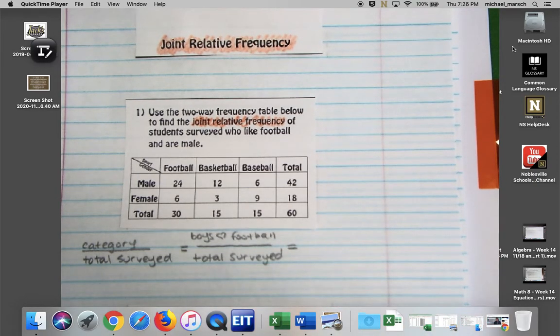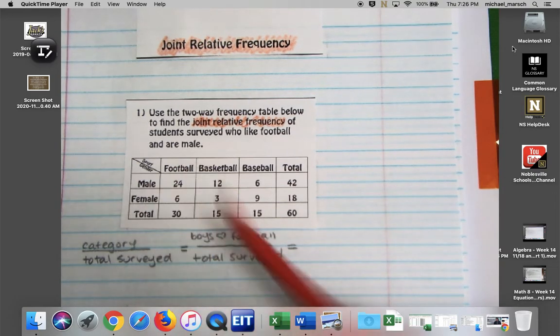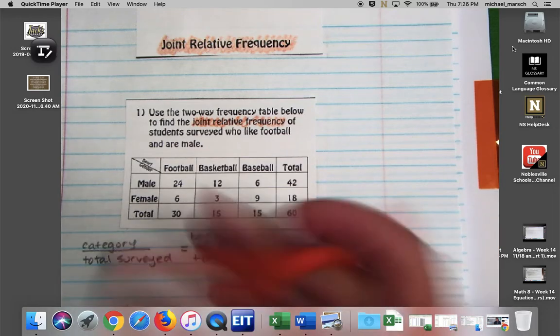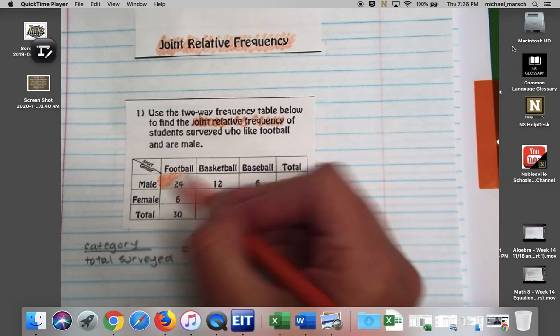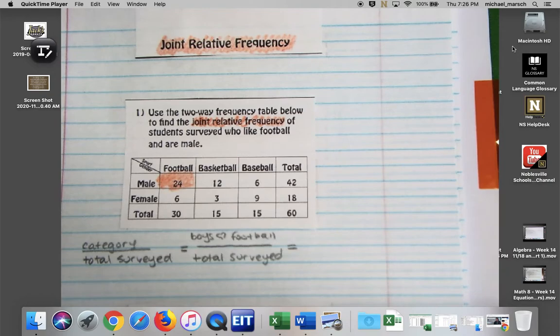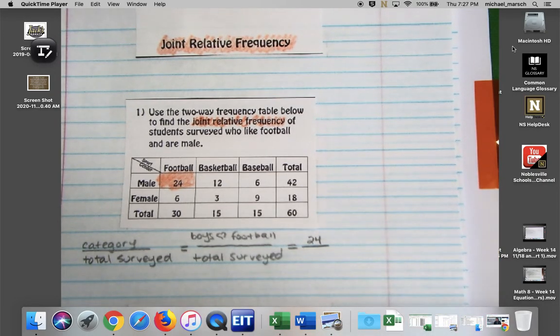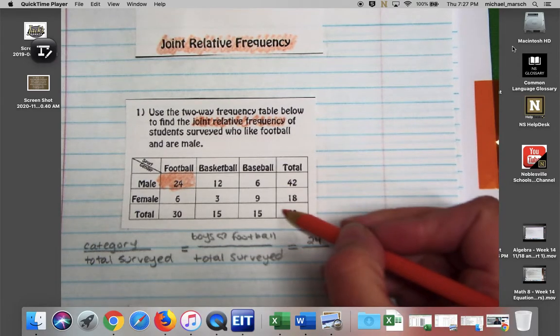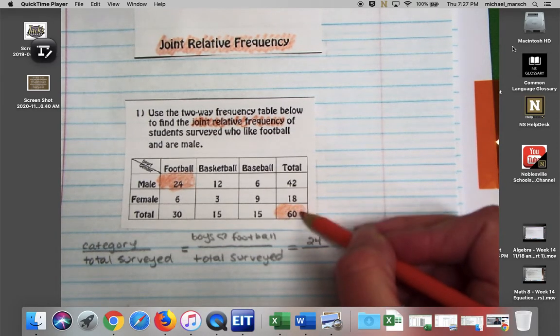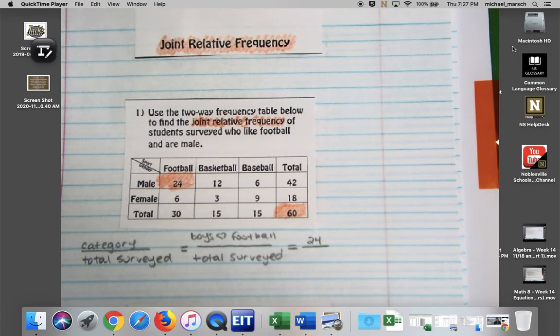So then when I look at my two-way frequency table, I can say, oh, well, if I go to football and boys, they cross right here. So that is 24 that fit that category out of the total surveyed. So I look over here in the corner and I say, all right, well, 60 people were surveyed about this information.